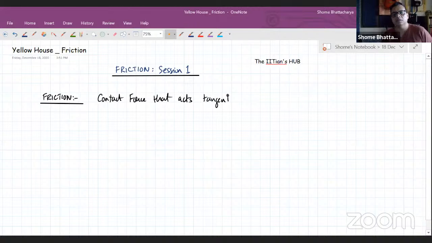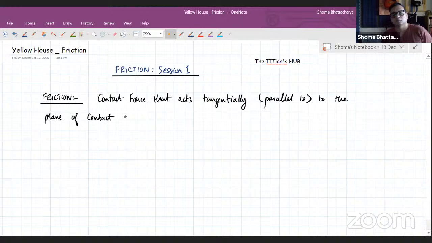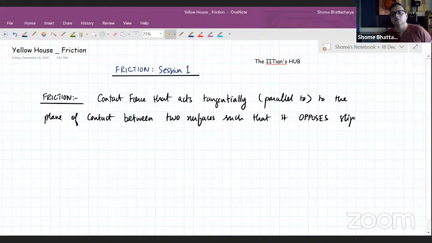Tangentially means parallel to the plane of contact between two surfaces such that it opposes the slipping between the two surfaces, opposes slipping or sliding between the two surfaces.